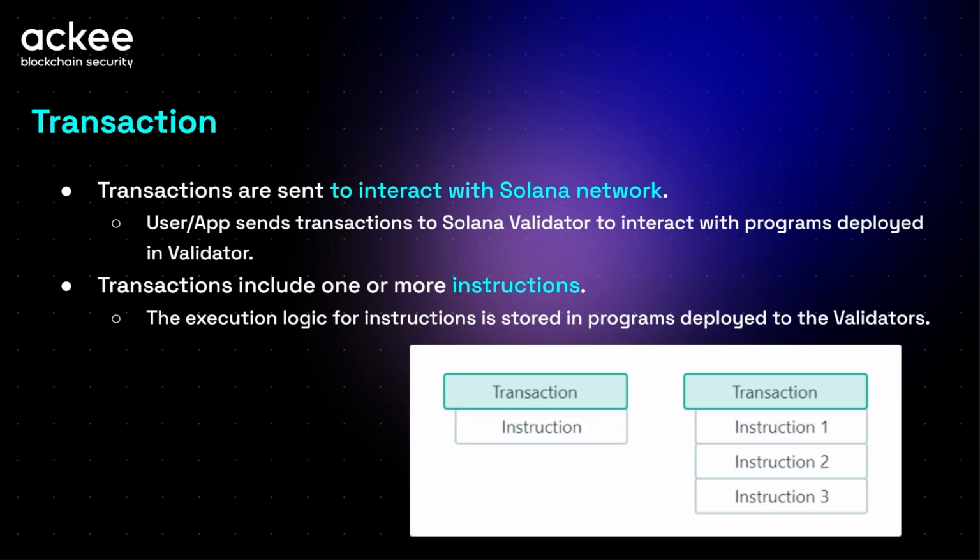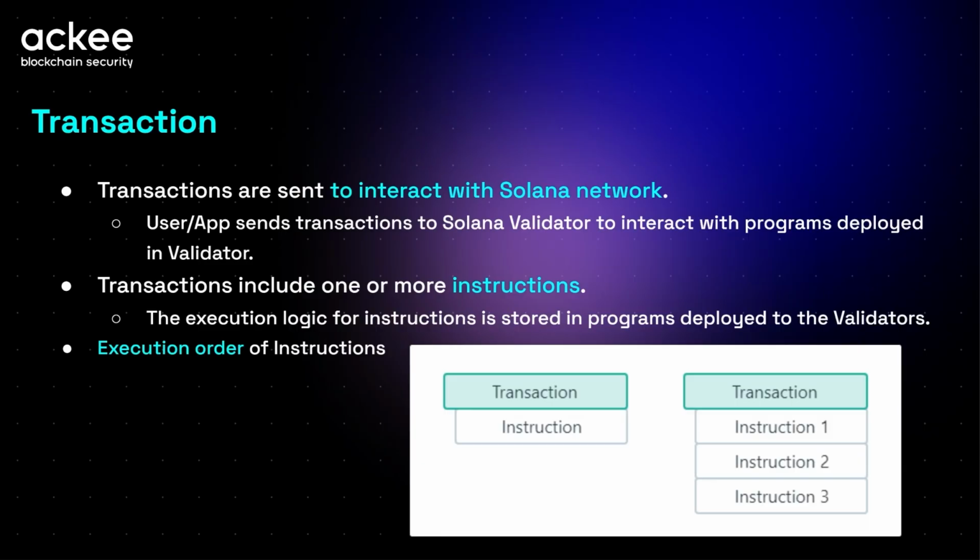This entry point function contains some parameters, and based on these parameters, you as a developer need to create logic so that each instruction that invokes your program is dispatched correctly. It may sound really difficult to create such stuff as a developer, but you will see it is actually really simple with the Anchor framework.